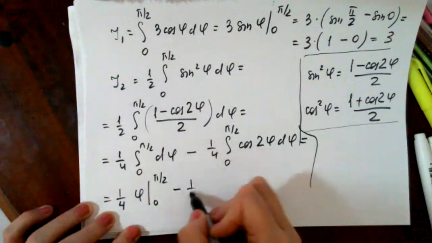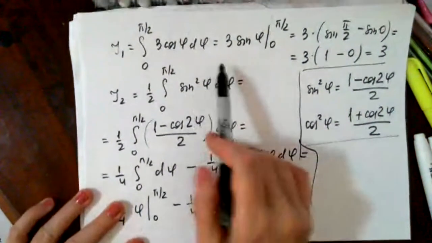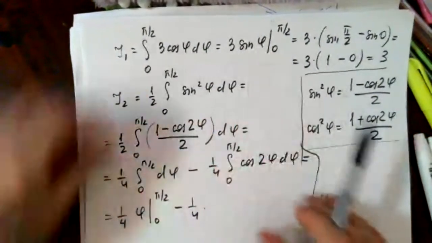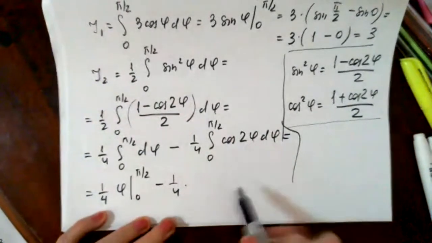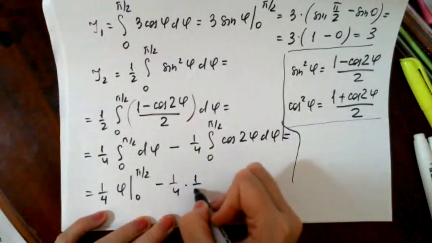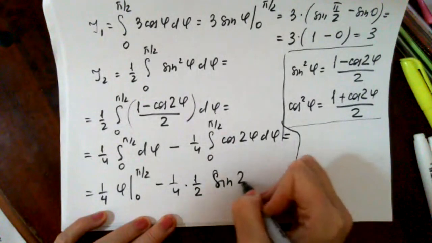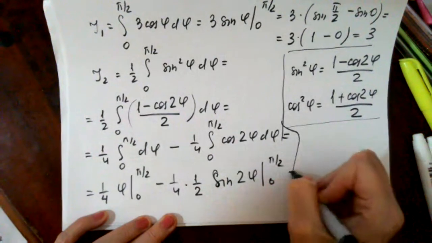What about this integral? You should remember, it rather looks like the first integral. The integral of cosine was just sine phi. But what about cosine of 2 phi? You should remember that in this case, you should bring out 1 over 2. And after that, you can write that this is sine of 2 phi with vertical bar from 0 to pi over 2.